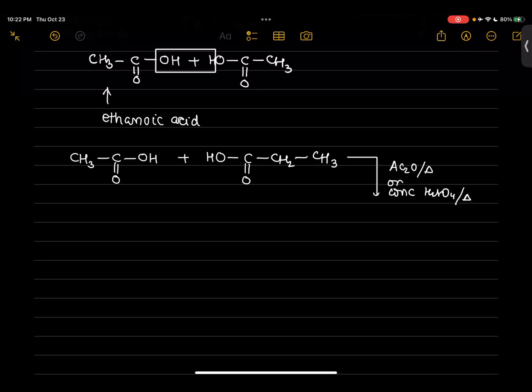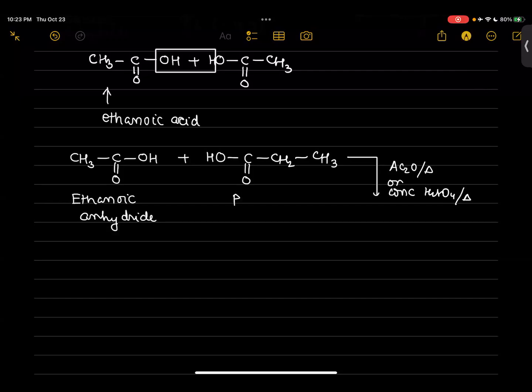The left one has 2 carbon atoms, it is ethanoic acid. The right one has 3 carbon atoms.